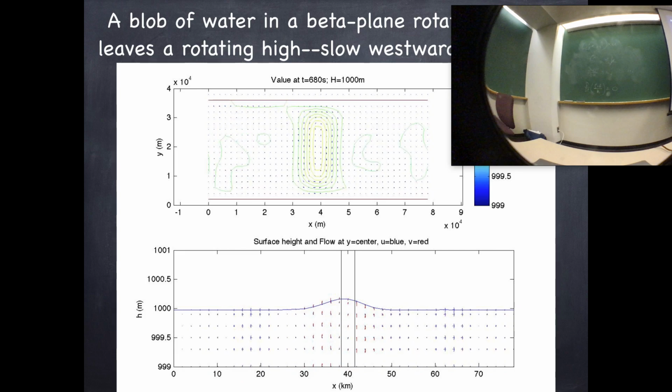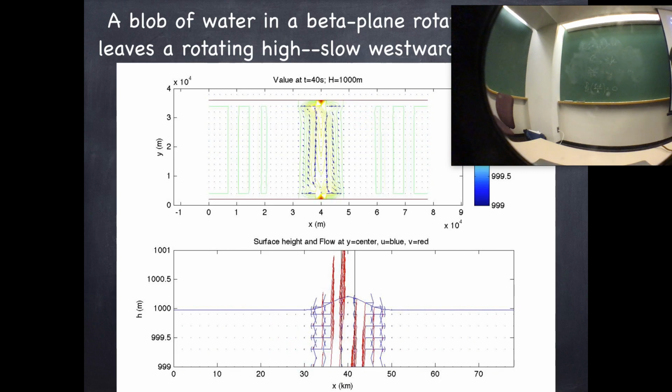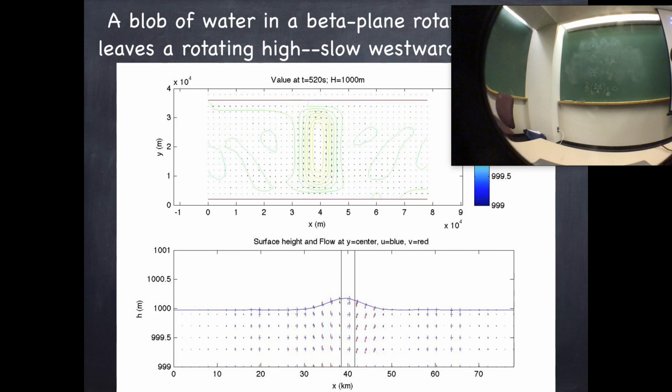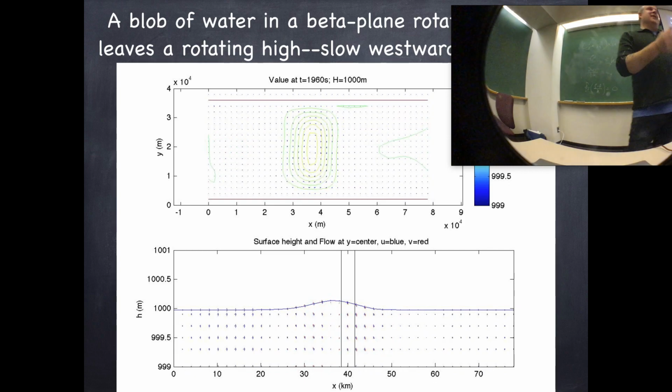But I could also just drop a blob of water and let it sit, rather than doing a plunger. So what's the difference between dropping a blob of water and the plunger? The initial condition is just for one moment. Exactly.